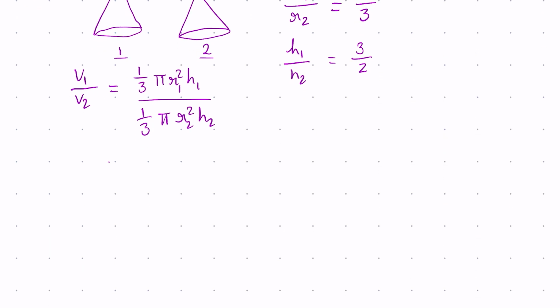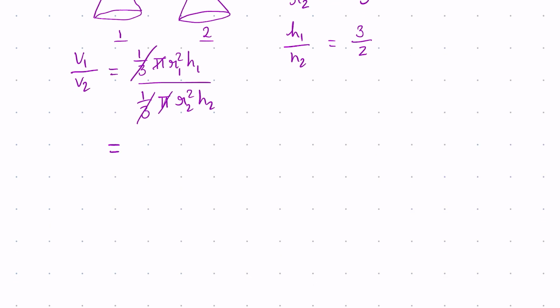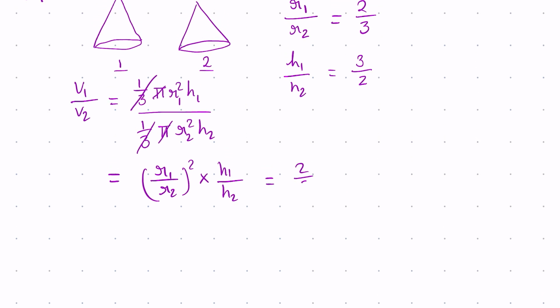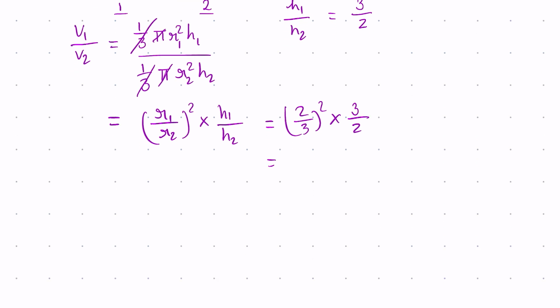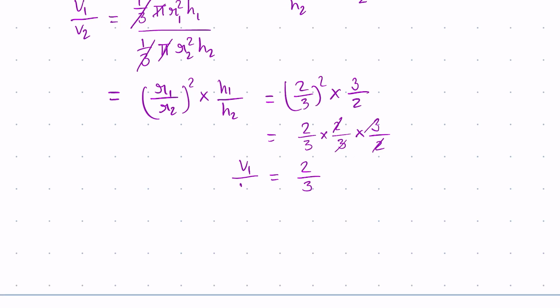So now we just need to find this out. Well, this is just constant, so this cancels. So really we're just left with r1 by r2 whole squared times h1 divided by h2, which is equal to 2 by 3 whole squared times 3 by 2. That is nothing but 2 by 3 times 2 by 3 times 3 by 2. So we can cancel this, and that leaves us with 2 by 3. So v1 by v2 is equal to 2 by 3. That's it.